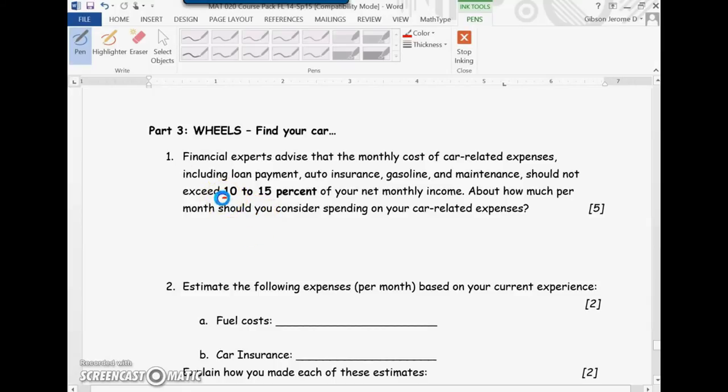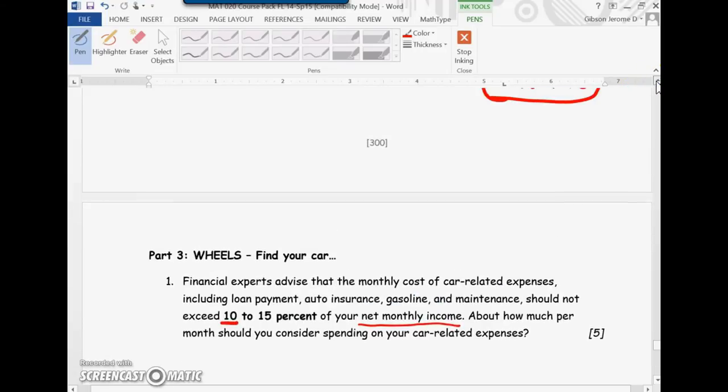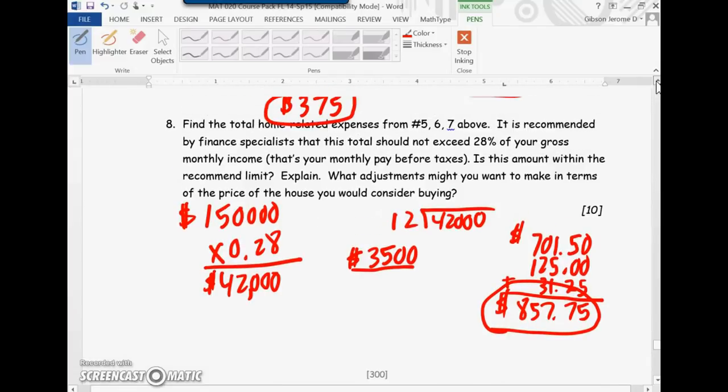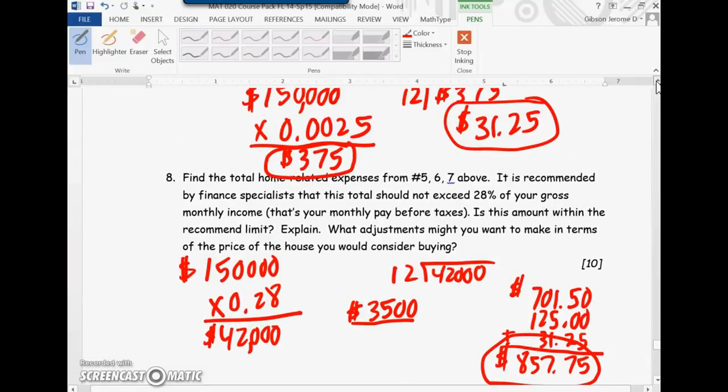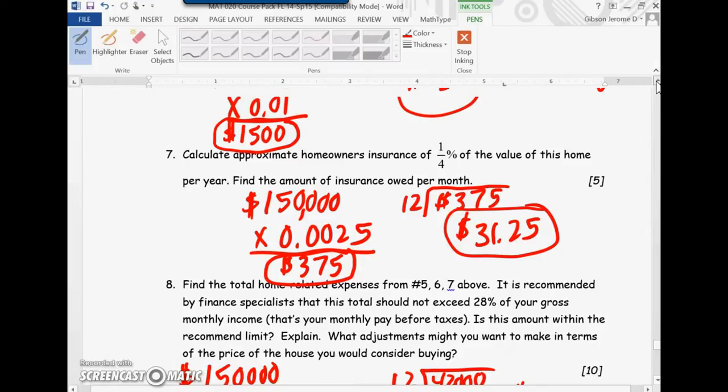So myself, I'm just going to pick 10%. So I'm going to underline the 10% to let the person grading this know that I'm doing it based on 10%. Now it says the net monthly income. Now we did the net monthly income. Let's go back. It'll be a lot easier for you all because you don't have to scroll with the computer.